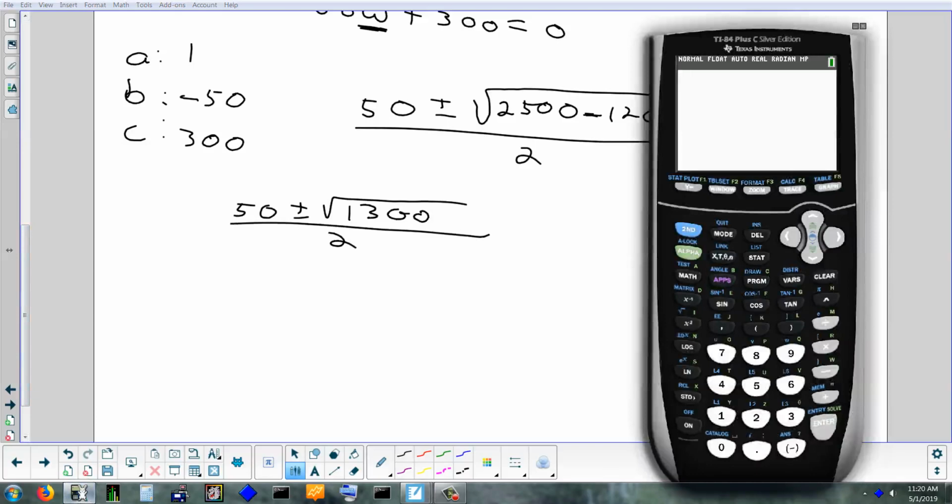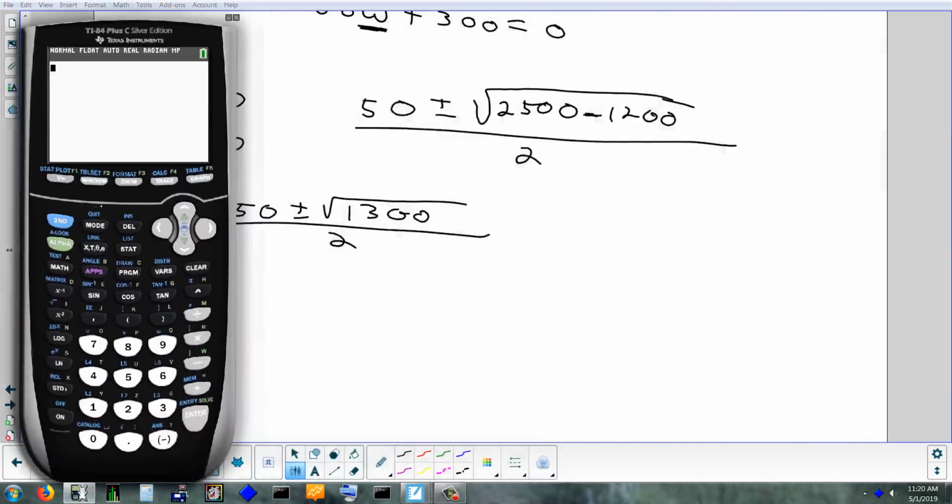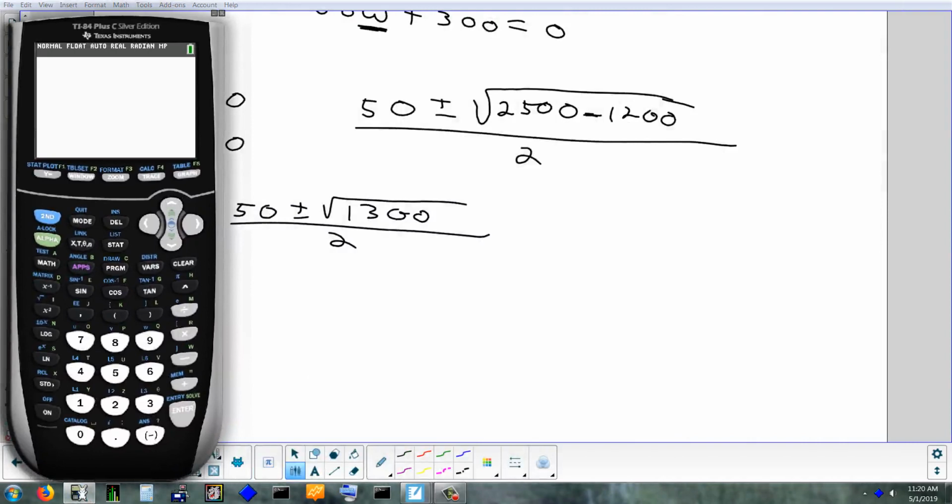Okay. So there's 2 answers. Now, you could tell that one of them is really wrong if it came out to what kind of number? Negative, right? With negative width, that wouldn't make sense. If you get a negative, you can cross it out. If you don't, then you write both answers.